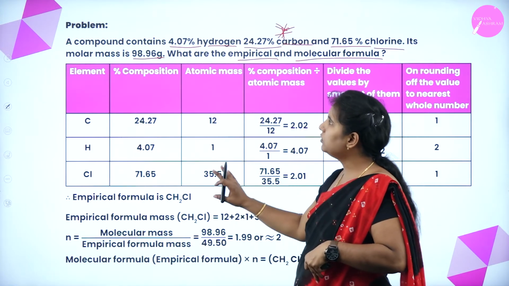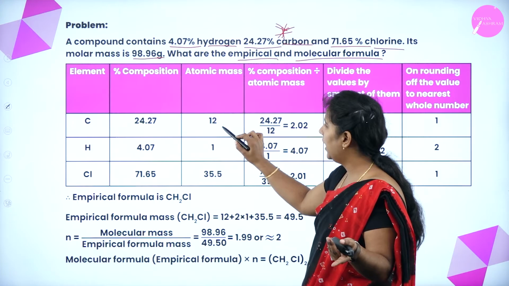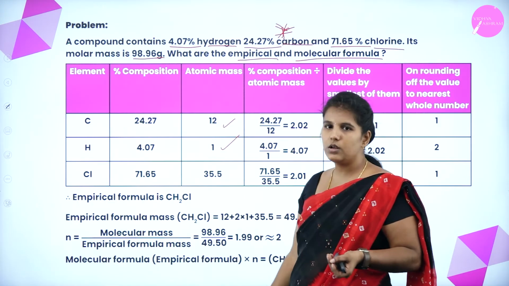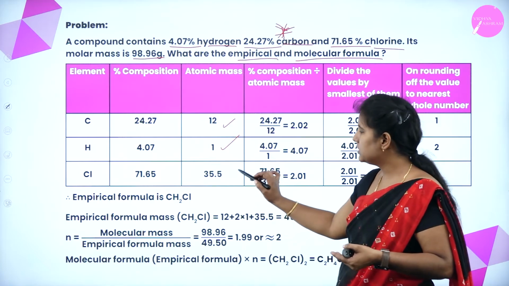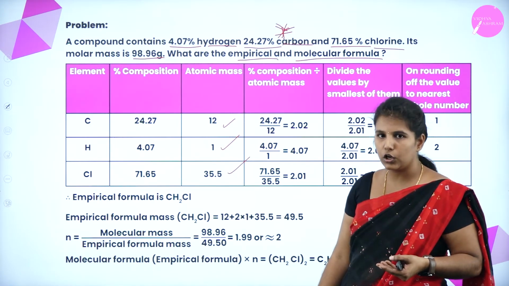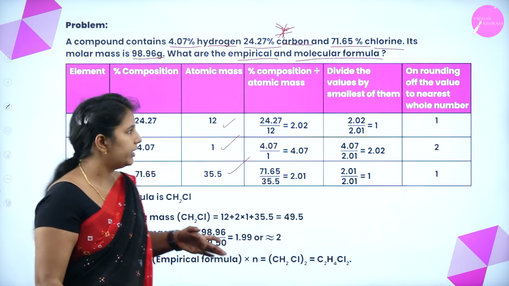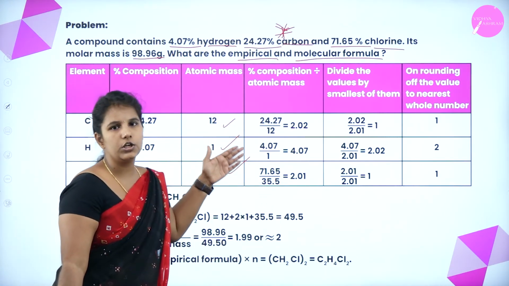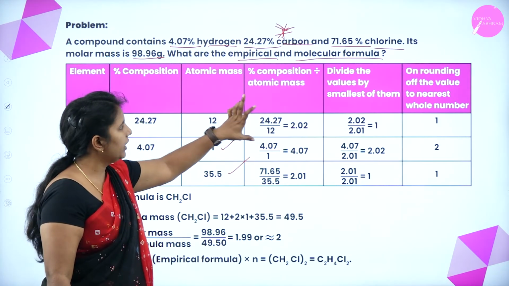Now we need to know the atomic masses. We are all familiar with hydrogen and carbon, and also please remember chlorine, that is 35.5. This is the atomic mass of chlorine. After writing all these things, it's very important to divide the percentage composition by the atomic mass.